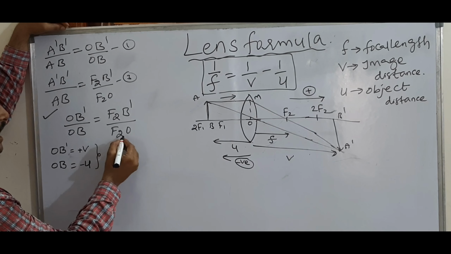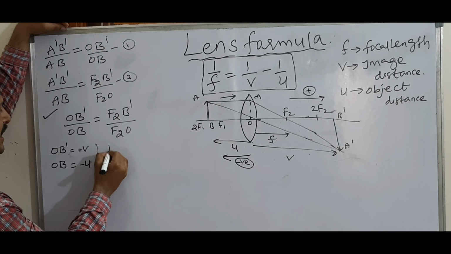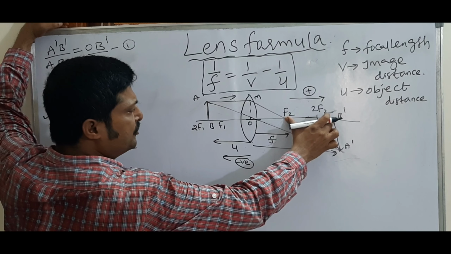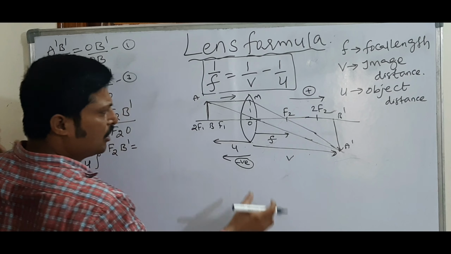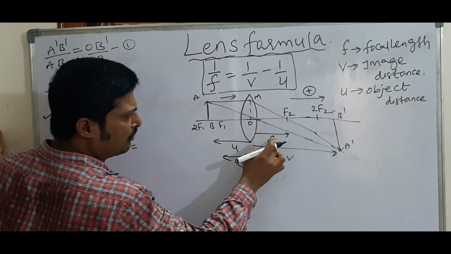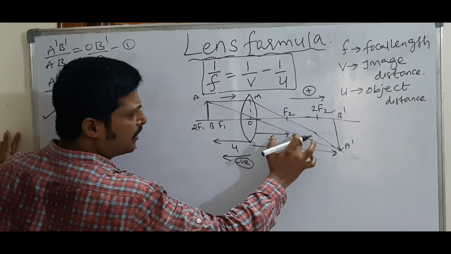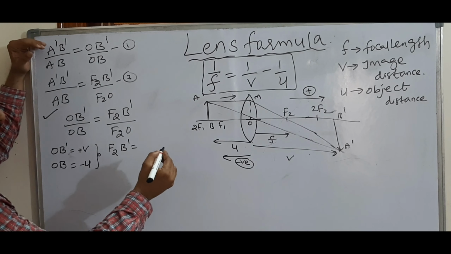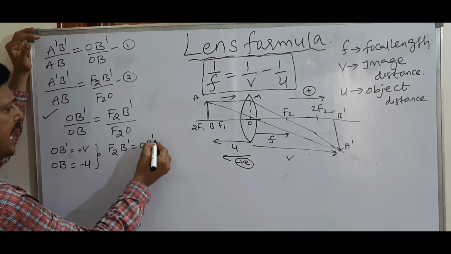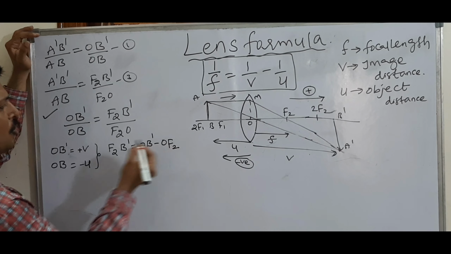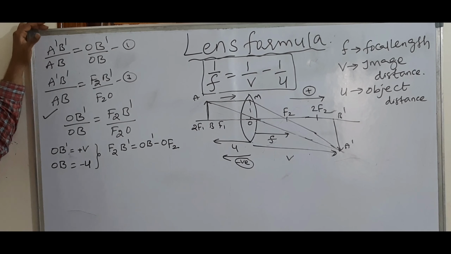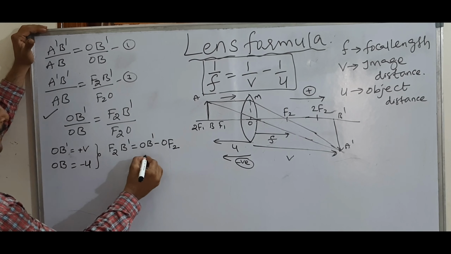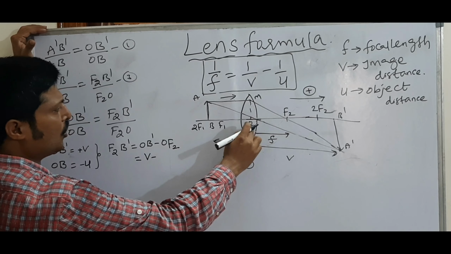Next, F2 B dash. We don't know this value, because O F2 we know as F, OB dash we know as V, but we don't know F2 B dash. So express F2 B dash as OB dash minus OF2. In the place of OB dash, V minus OF2.